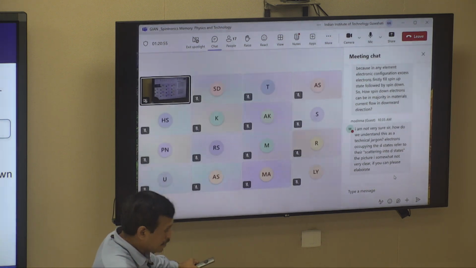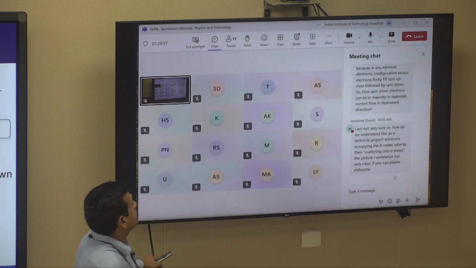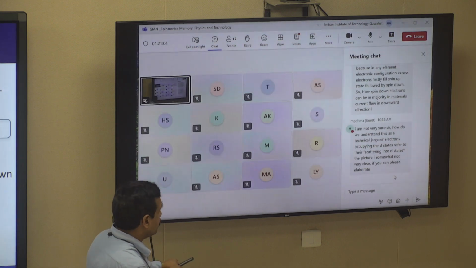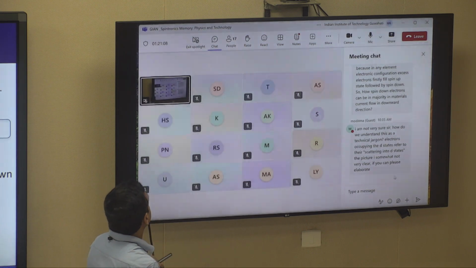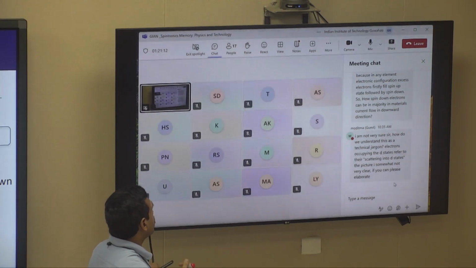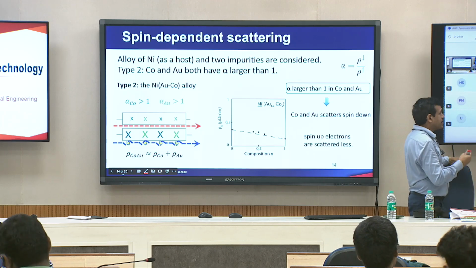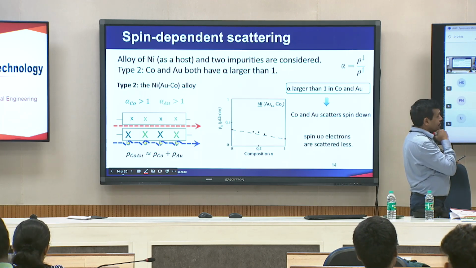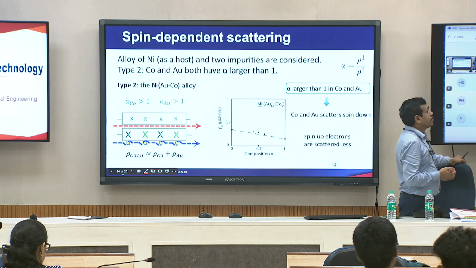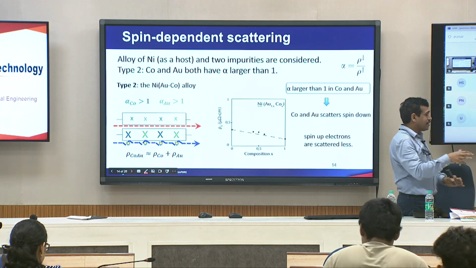Okay. In a simplistic picture, if electrons flow without getting scattered, then resistance is low. If electrons keep moving without getting scattered into some non-moving states, then we can say the resistance is low. To introduce this, I use the analogy of a shopping mall with empty chairs.